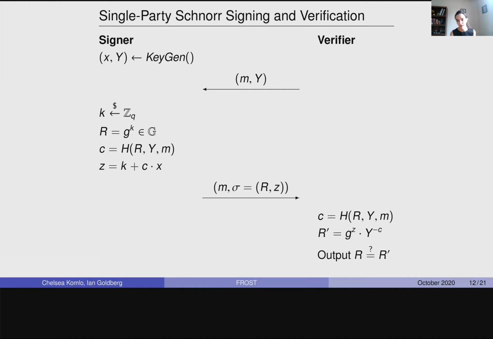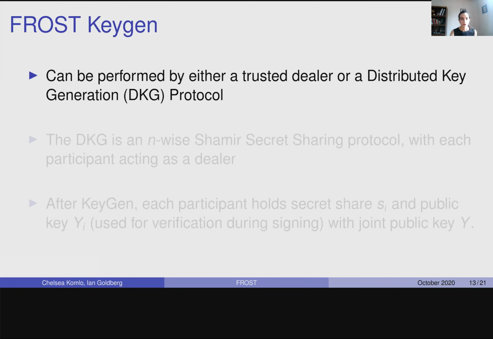And the signature is valid if this R prime commitment is equal to the commitment issued in the signature. And so this essentially is a zero knowledge proof of knowledge of this secret X, but over some message M. Okay, so that's single party Schnorr.